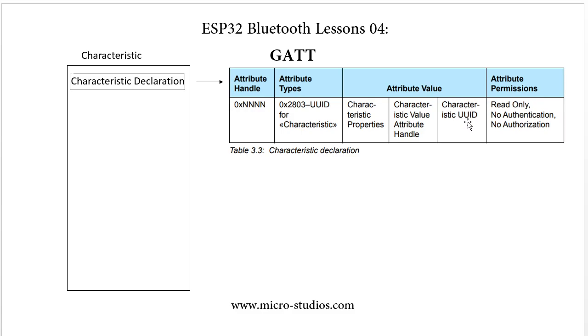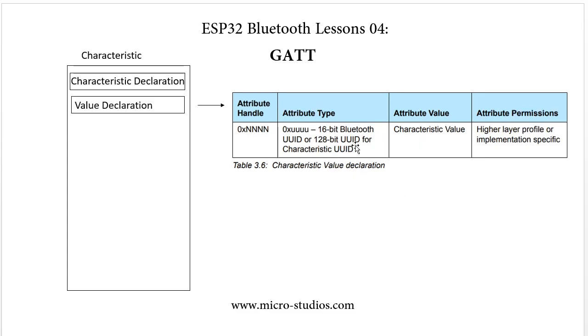After that, we know the characteristic value attribute handle, and also the characteristic UUID, and we will know the next part. From the UUID and the handle, we will be able to know the characteristic value. We will know the value.